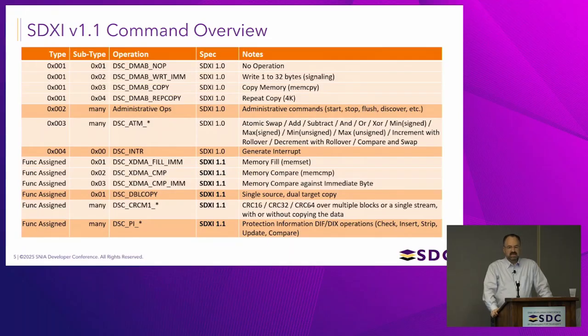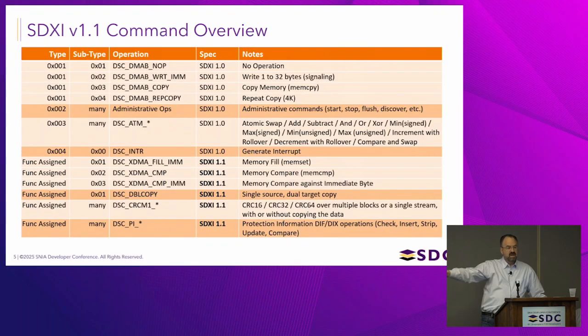Getting into SDXI 1.1, a number of additional operations have been added that you can see on the list, and I'll go through those in a bit more detail as far as the capabilities, such as the CRC capability, the compare operations, and the protection information capability. But one other important thing I want to highlight: starting with the new commands for SDXI 1.1, you can see on the far left the type.